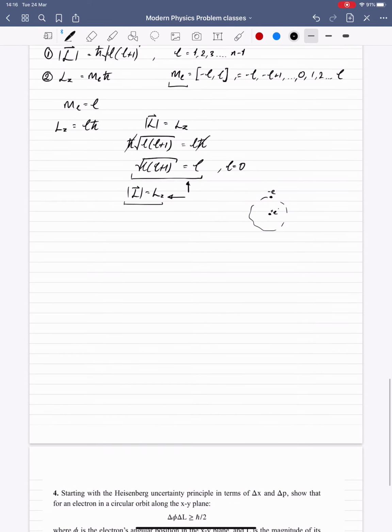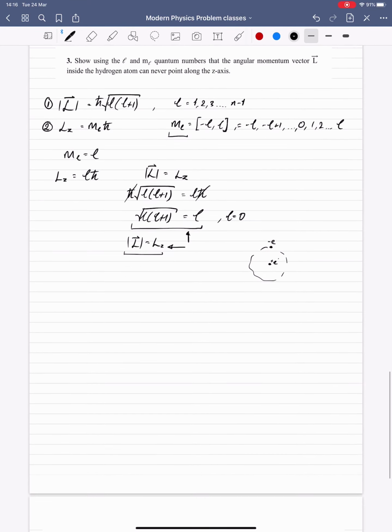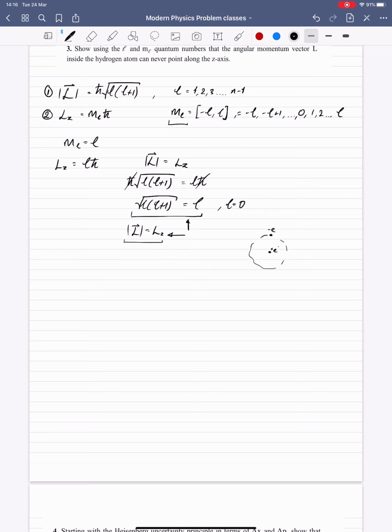Similarly, we can also take the diagram that you would have seen in Jeff's lectures, where we have the Lz component pointing in this direction, and we have the possible angular momentum states, L here, going this way or this way, depending on whether ml equals 1, for example, 0, or -1.